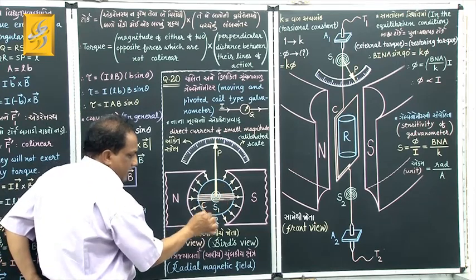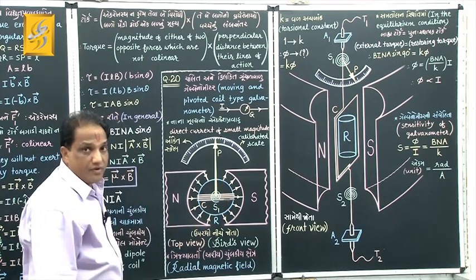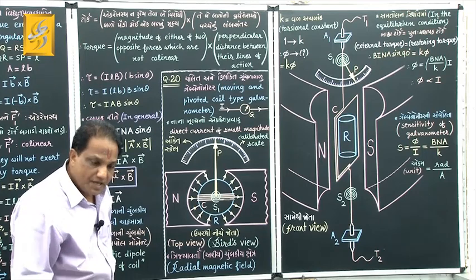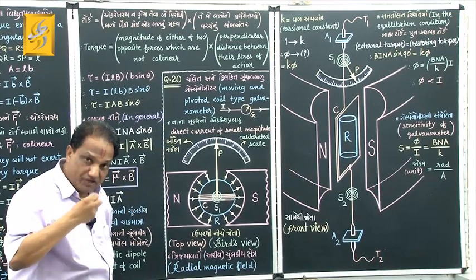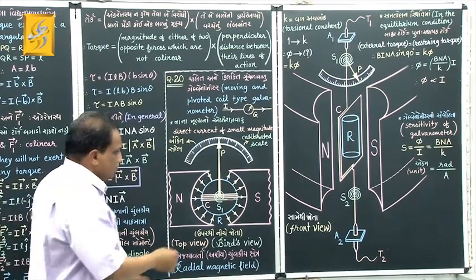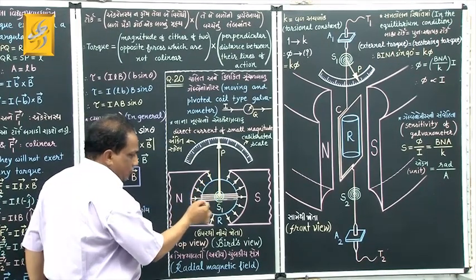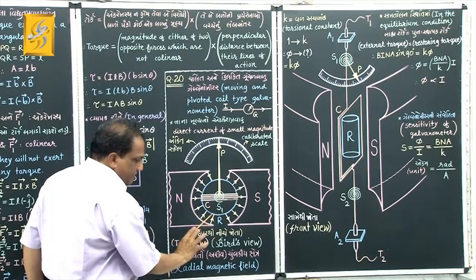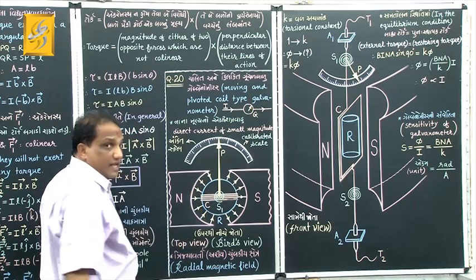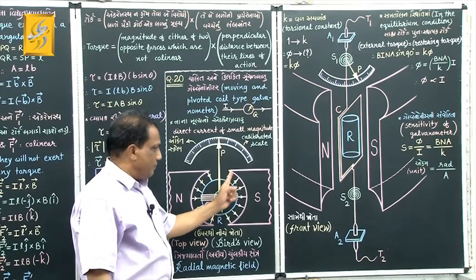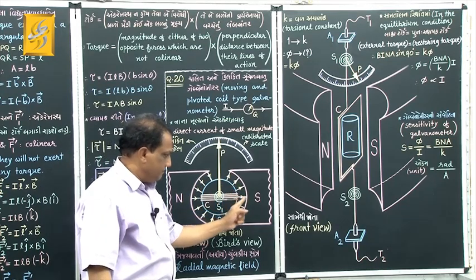This soft iron cylinder has a very high value of permeability, correct? And because of the very high permeability, it has a very strong attraction for magnetic field lines. So as soon as magnetic field lines emerge out of this north pole, they are first attracted towards this soft iron cylinder, and then they are allowed to approach the magnetic south pole, correct?